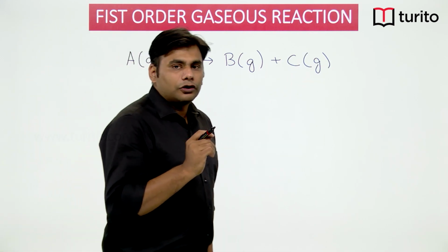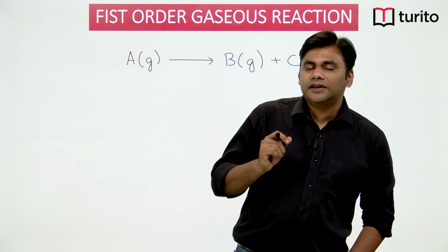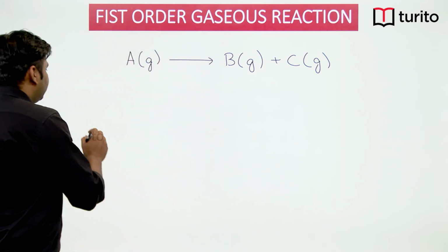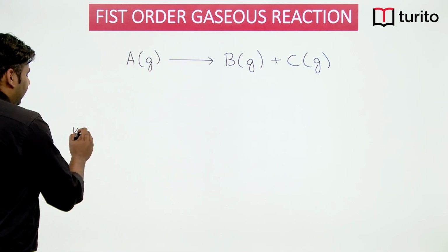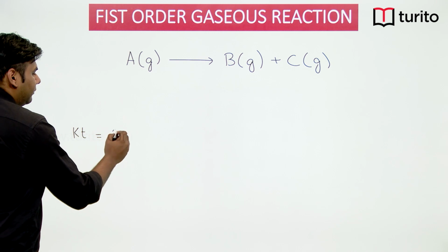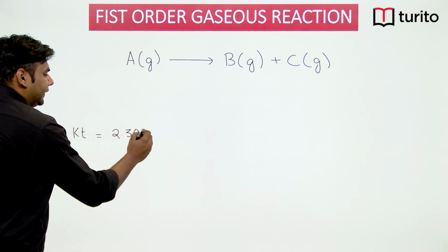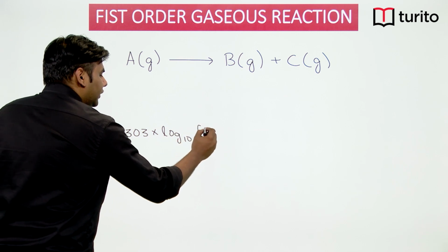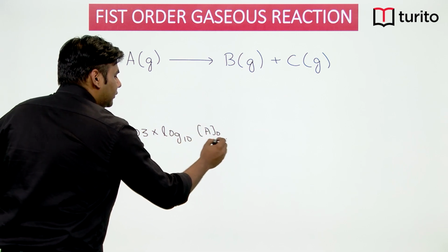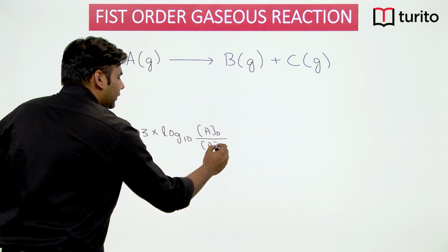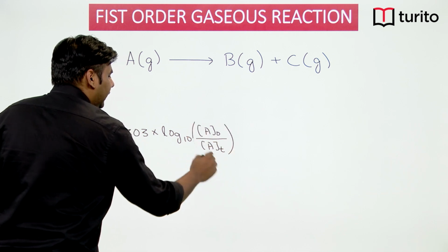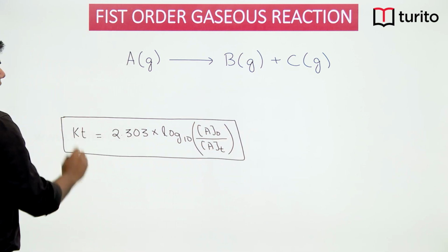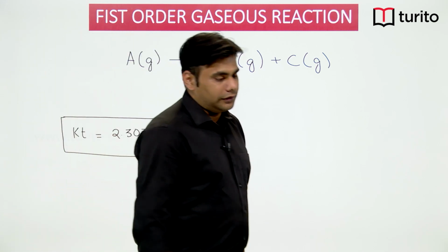So basically in the previous lecture we had covered first order kinetics, in which we said that the product of rate constant into time is equal to 2.303 into log base 10 of concentration of A at time t equals to 0 upon concentration of the reactant at time t. So this is what we basically derived in the previous lecture and we did some problem solving on this.